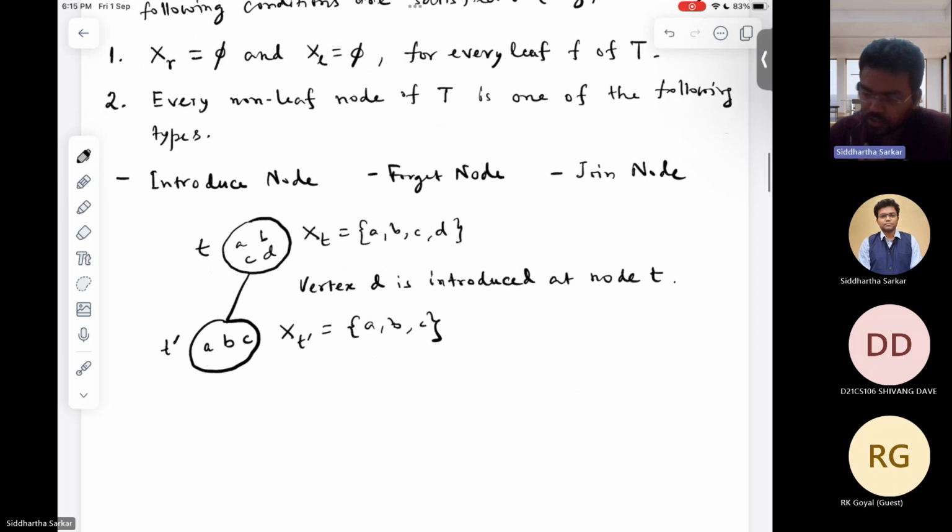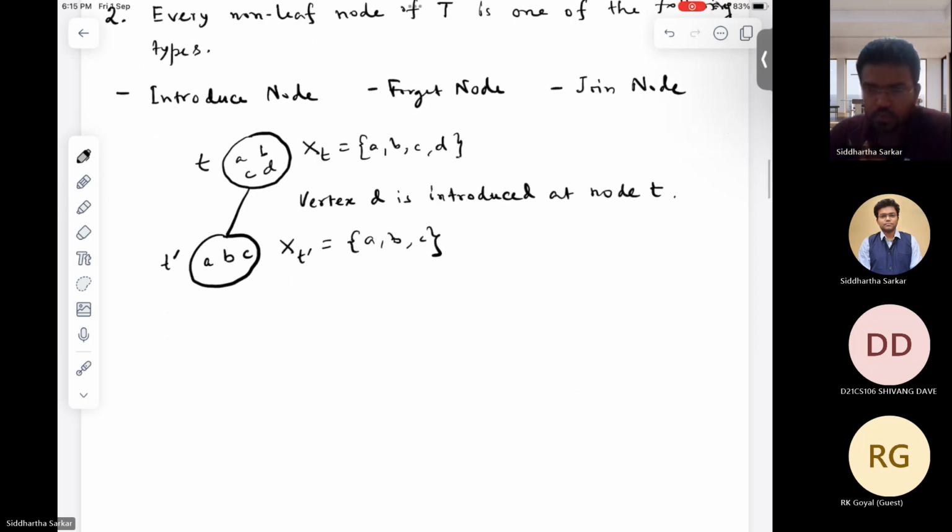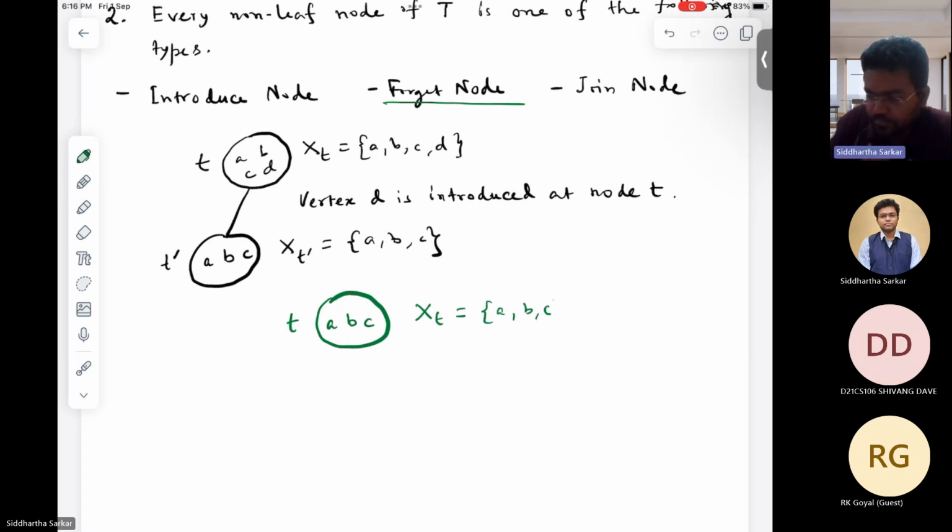Let us move to the definition of what is a forget node. Let us say there is a bag T corresponding to some vertices, ABC. So X sub T, the content of the bag T, is A, B, and C, and it has a single child T dash, and let us say T dash is A, B, C, and D. I'm just taking some example.